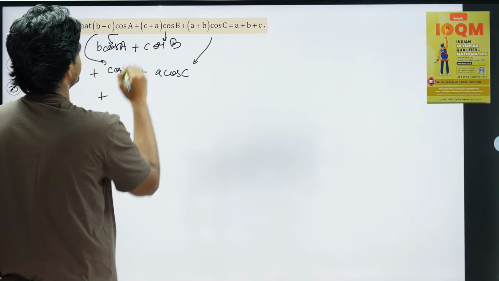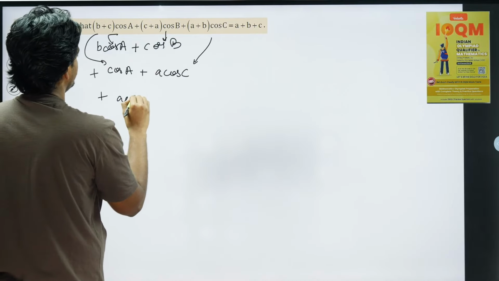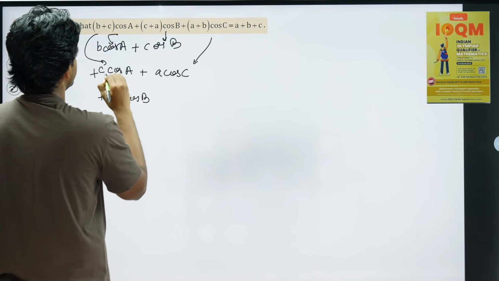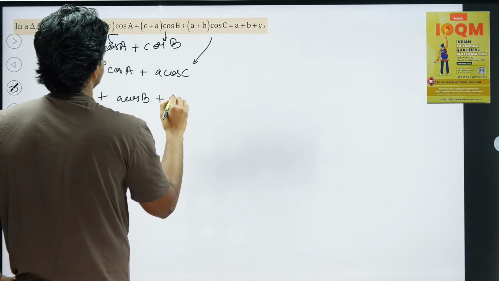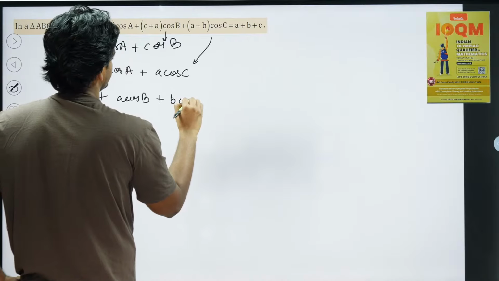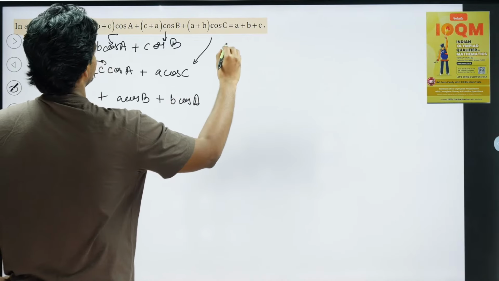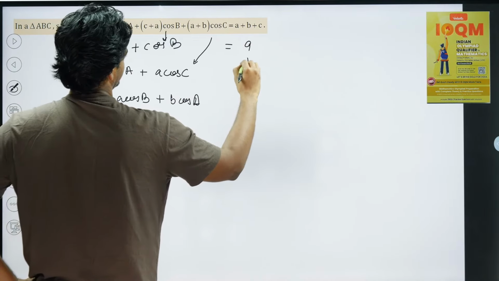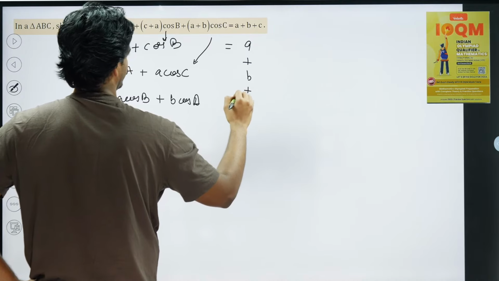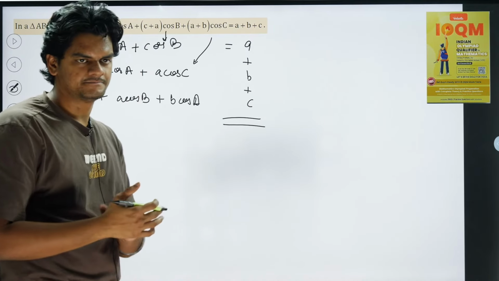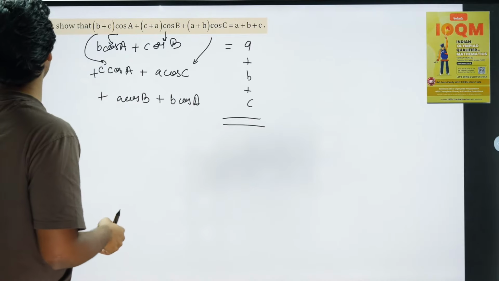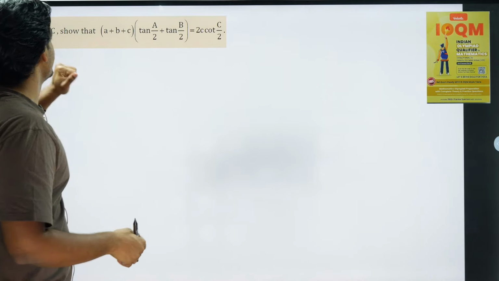And then what is left? a cos b plus b cos a. This is basically a plus b plus c. This is also easy. This is projection formula, just written in a different way. Okay.